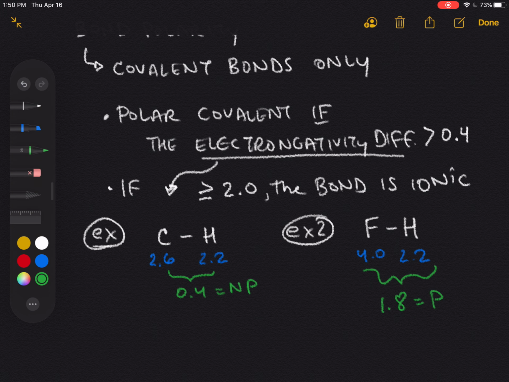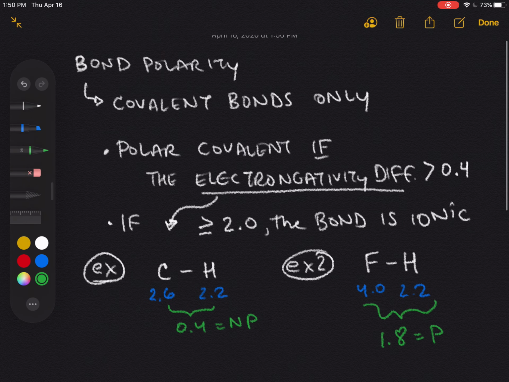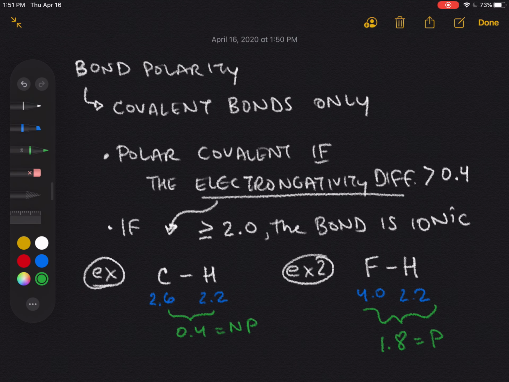Once we understand whether individual bonds are polar covalent or nonpolar covalent, then we can start considering the three-dimensional geometry and how that's going to impact what's going on in the whole molecule. All right, so that's what you have to do with polar covalent bonds.